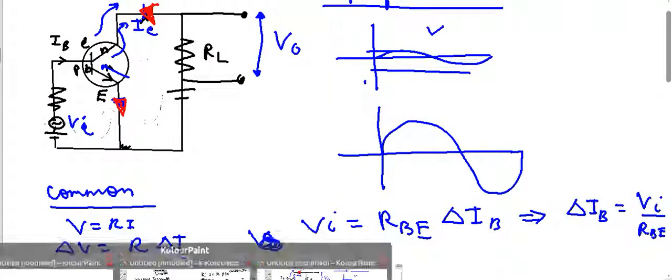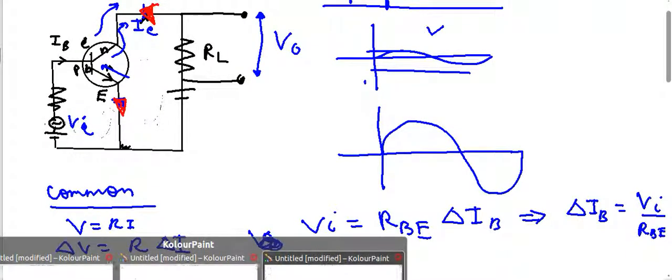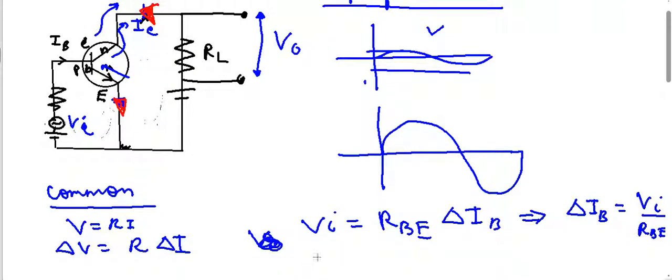We know that we had just discussed in a previous section that IC is equal to beta IB.